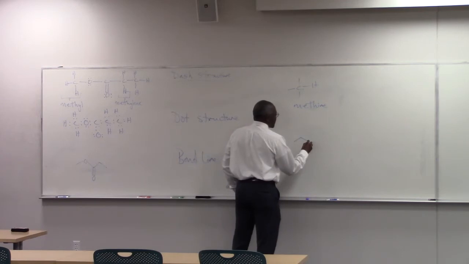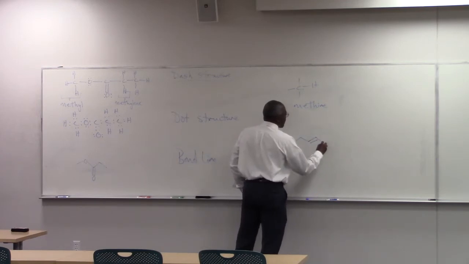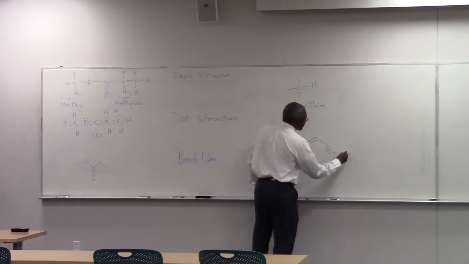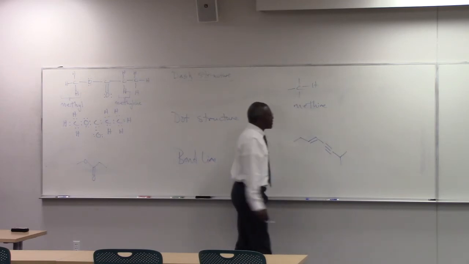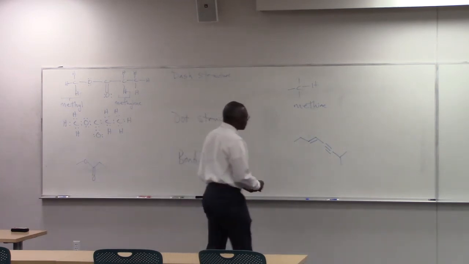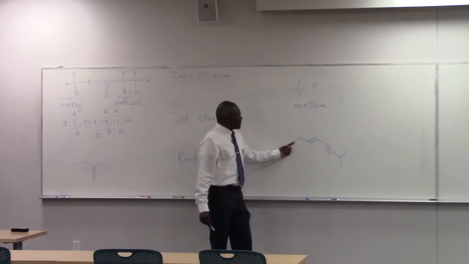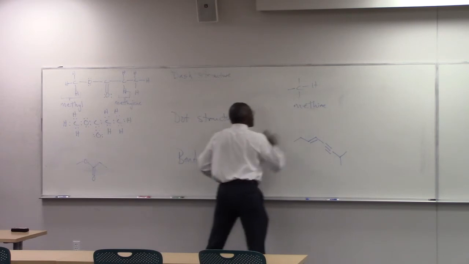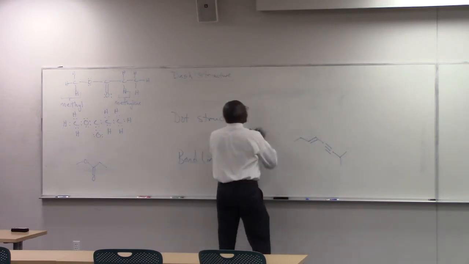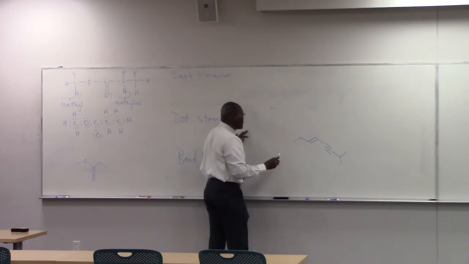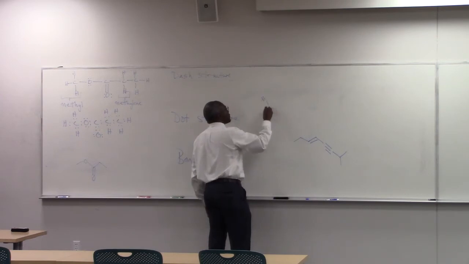Let's convert this bond line structure into a dash structure. That is a carbon. That's a carbon. It is showing 1 bond, which means it must have 3 other bonds to H's. So that's a methyl group.